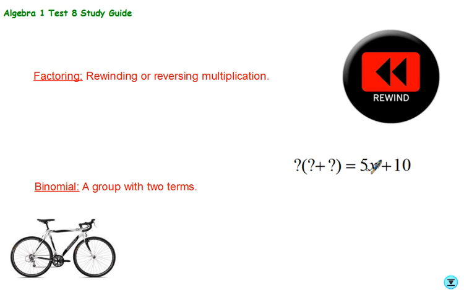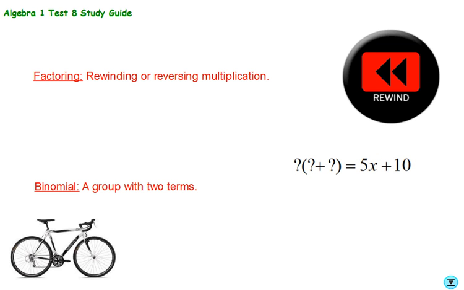For instance, this 5x plus 10 over here, there was some number on the outside that got distributed or multiplied to 2 numbers on the inside to give us 5x plus 10. So all we're trying to do is work backwards, or hit the rewind button, to say what was on the outside and what was on the inside that would give you 5x plus 10.